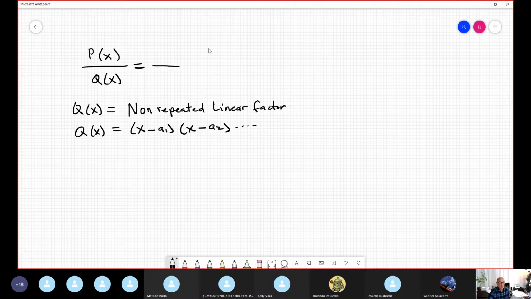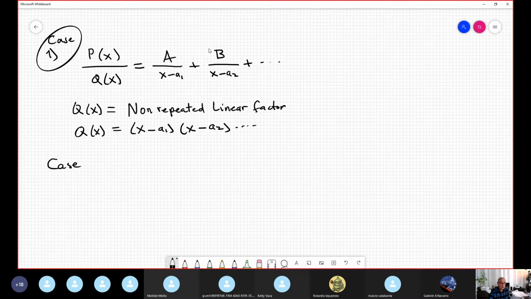You break down the partial fraction decomposition into several terms, copying x minus a1, x minus a2, x minus a3, and so on, and you put A, B, C, any arbitrary letters, and you solve for A, B, C. This is the most popular case, but it's not the only case. We have other, more complicated cases. After I show another example of this, we have another case. This is case 1.